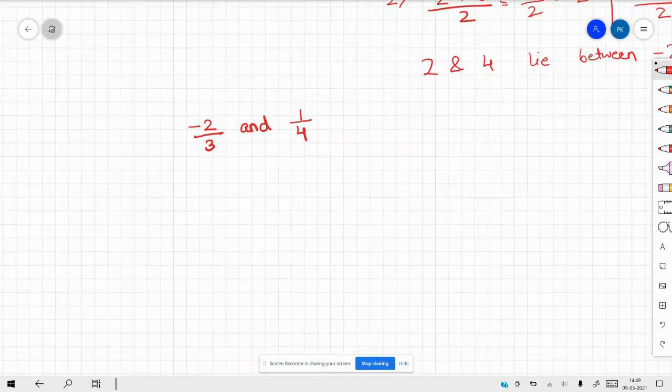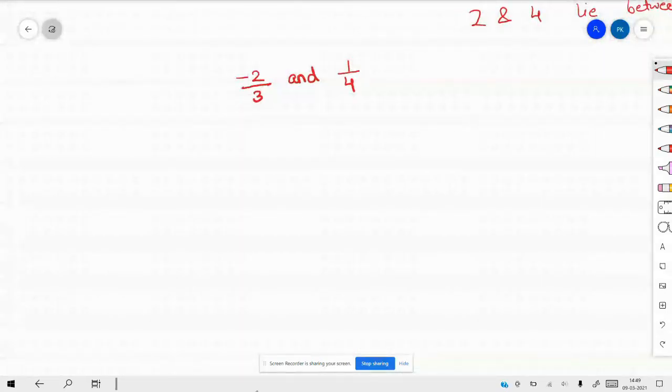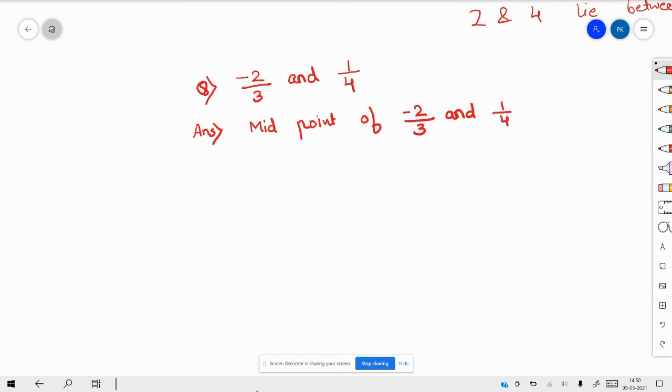Here, like we discussed in the previous question, we need to find the midpoint.